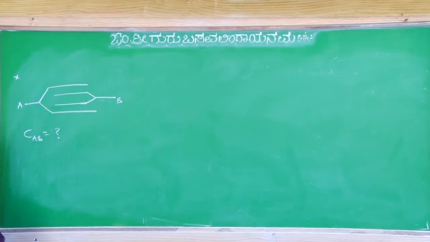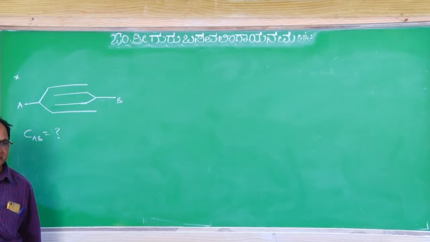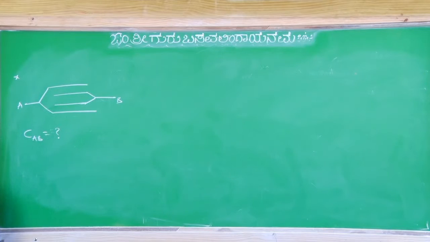All plates are identical in size and identical in separation, then CAB is equal to what? This model is very, very important, remember.